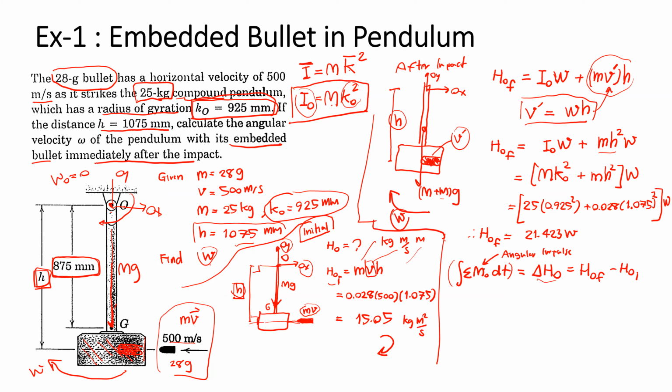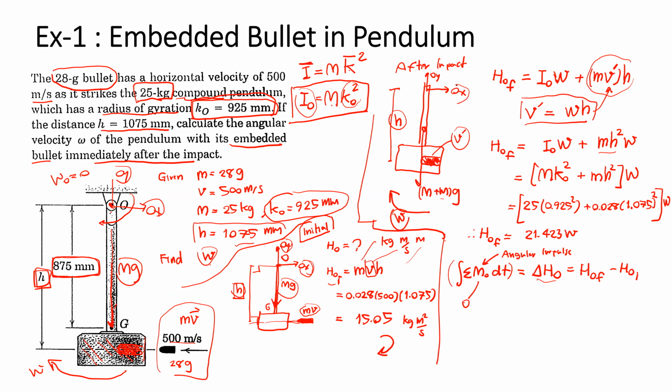If you see the free body diagram at the initial state, the force mg, and the forces Ox and Oy at the support pass through the point O. The moment will be zero until the final state.